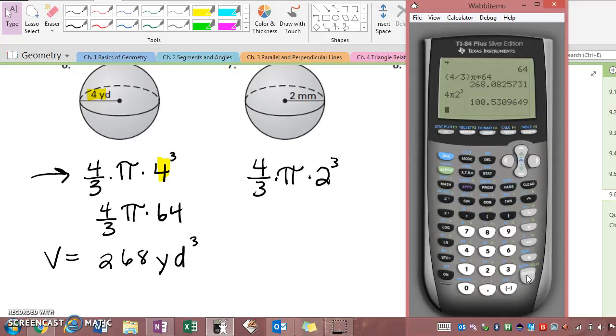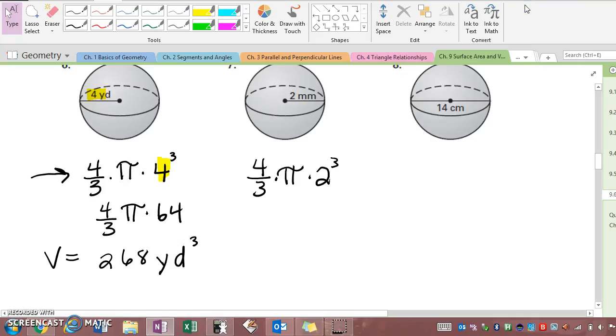We haven't divided it by 3, so now you have to divide the answer by 3. And there's your answer, 33.51. So rounded to the nearest whole number, that would be 34. So your volume is equal to 34 millimeters cubed.